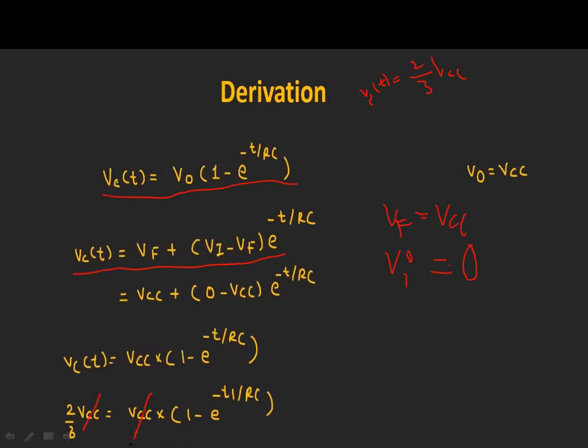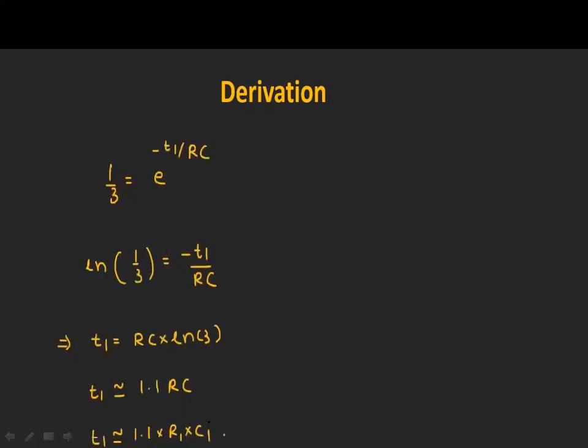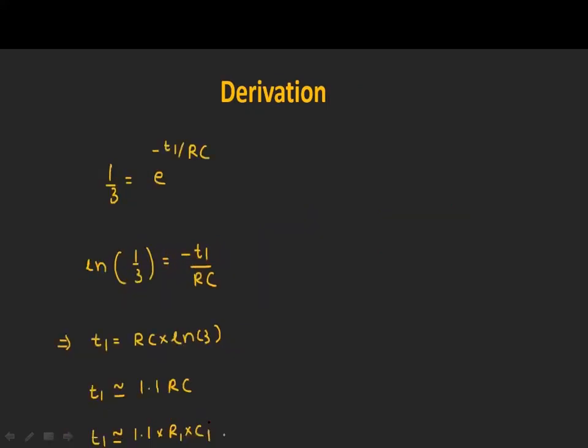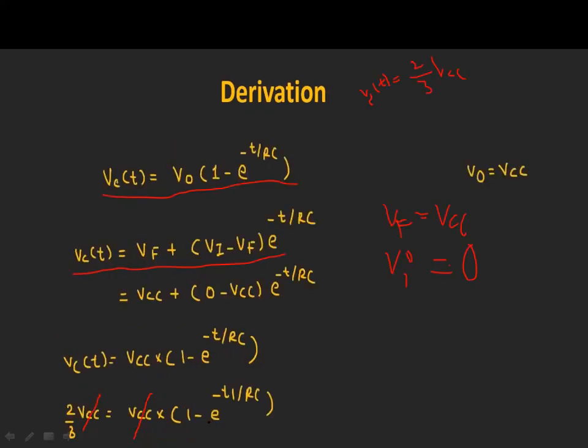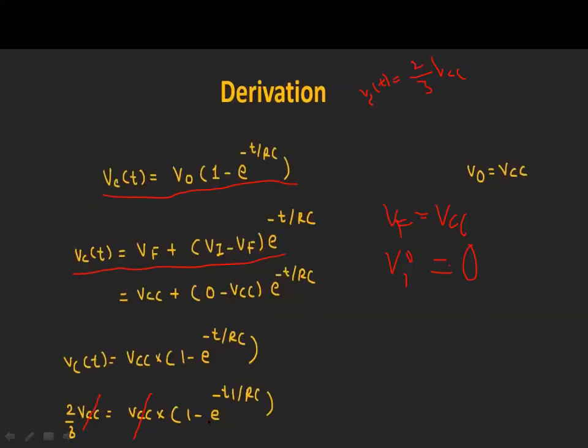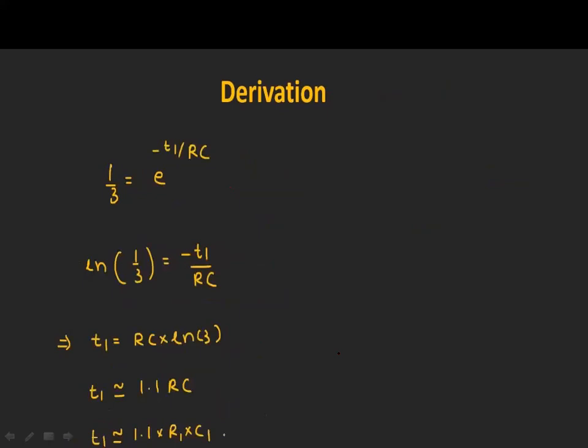So 2 by 3 is equal to 1 minus e power minus T1 by RC, giving 1 by 3 is equal to e power minus T1 by RC.